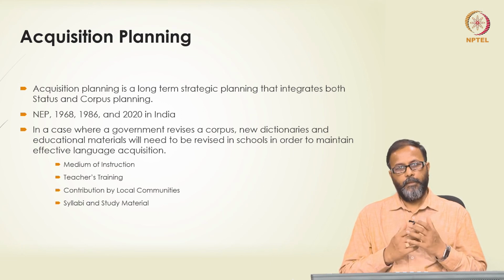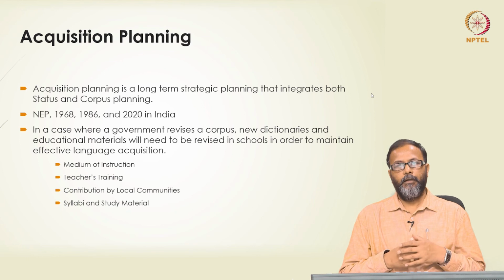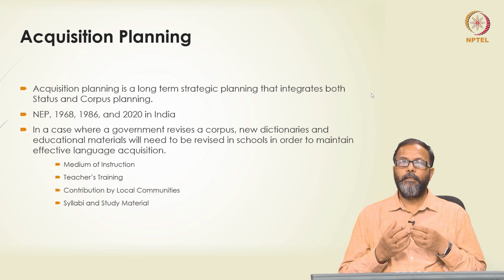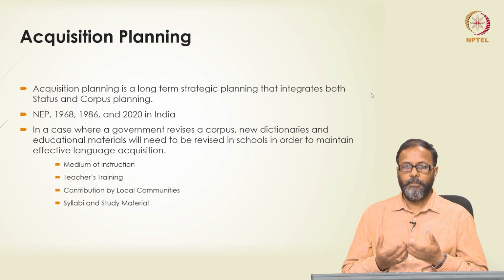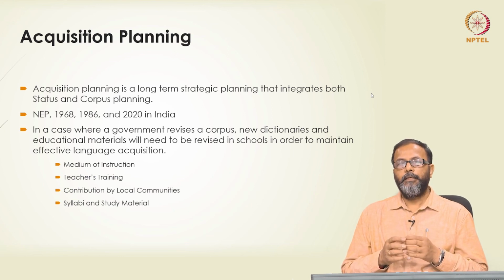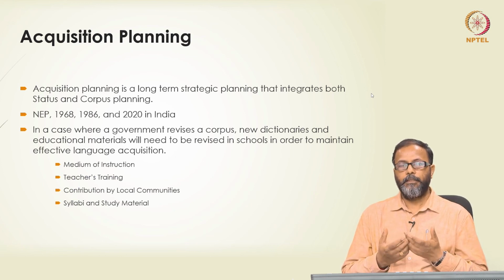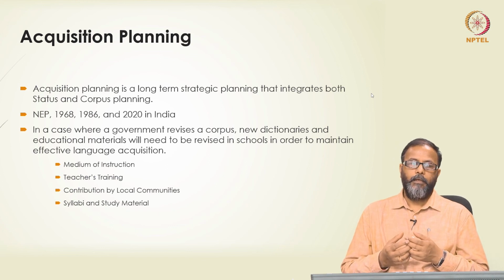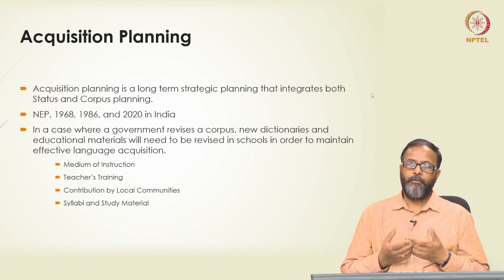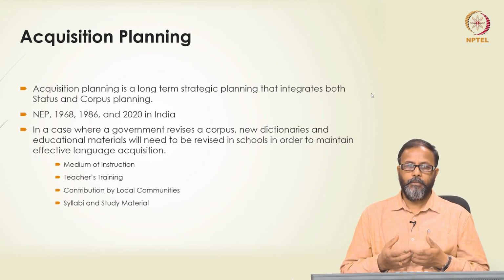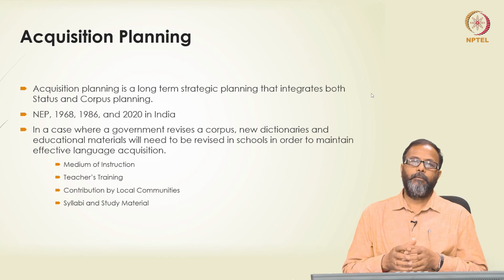And for that we need to have a series of activities entailed. Number one, creating reference material, study material for use in a school. Then creating textbooks, thesaurus, dictionaries, grammar books, right? We need to have a batch of teachers trained and equipped to teach this language either as a subject or to use this language as a medium of instruction.